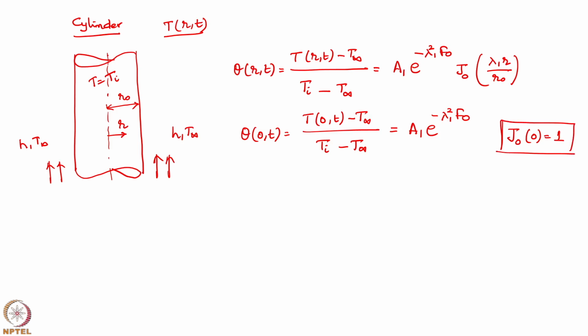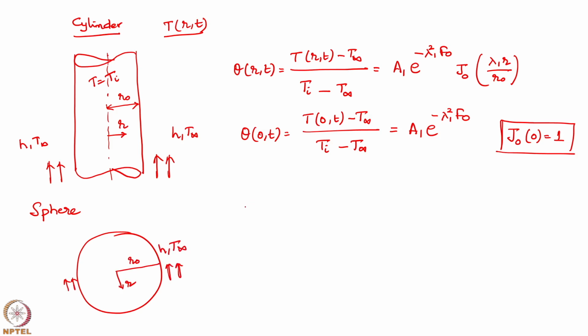Now let us write for the sphere. Similarly, we can write for the sphere. For a sphere, this is my sphere and this is the radius r naught and this is my r, and everywhere it is experiencing h comma T infinity.